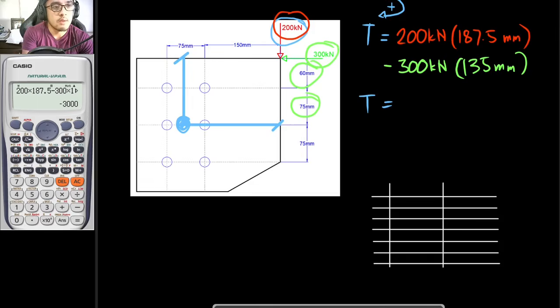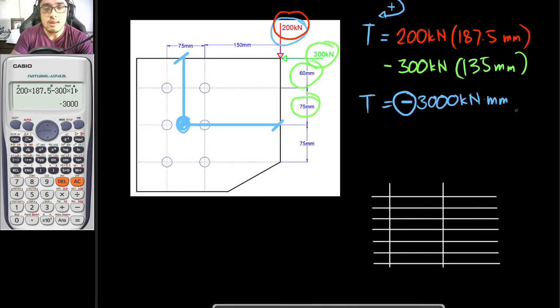So I'll just write it so you won't be confused. So this is negative 3,000 kilonewton mm. So meaning by this negative sign right here, this is in a counterclockwise direction, since the sign convention that I have chosen a while ago is clockwise positive.